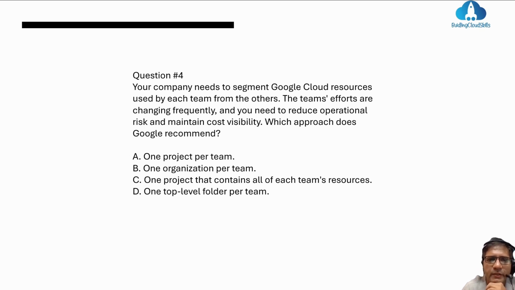Your options: A, one project per team, B, one organization per team, C, one project that contains all of each team's resources, D, one top level folder per team.